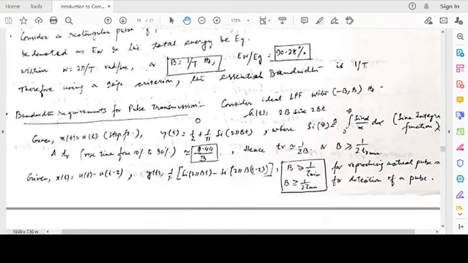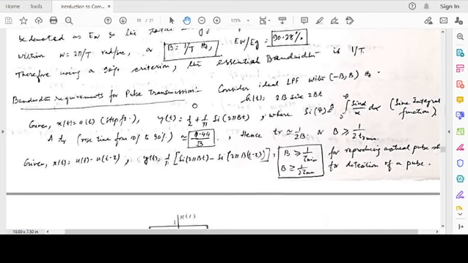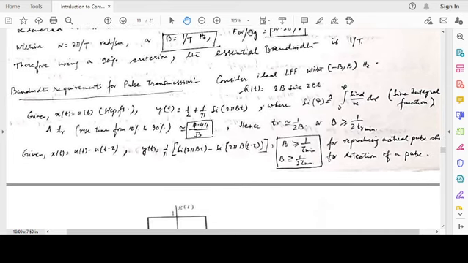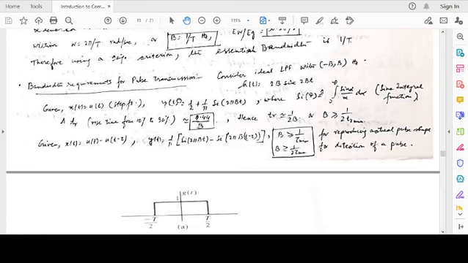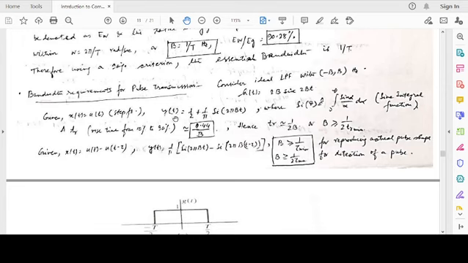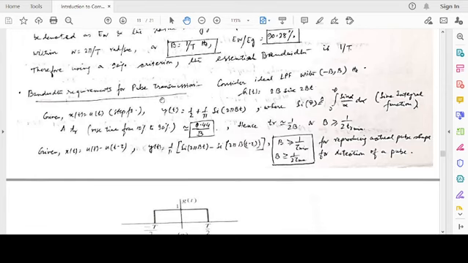Now, another important aspect in the context of bandwidth is the bandwidth requirement for pulse transmission. In many cases we are interested in transmission of the pulse.